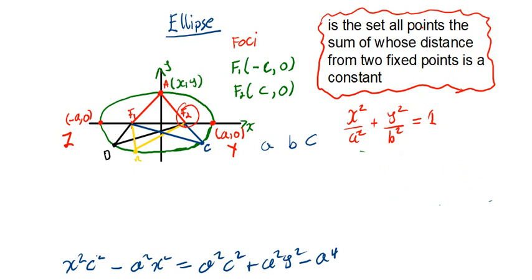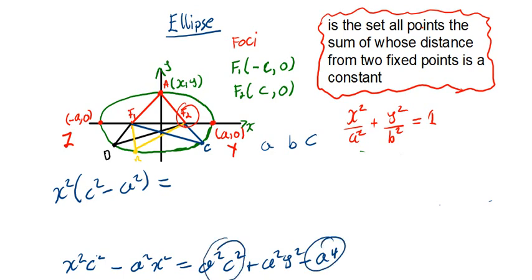So you observe that you can factor out x squared on this side. That's going to be x squared, open bracket, c squared minus a squared, equals. So you can factor out a squared from this side. What I would do here is pair up this one with this one.